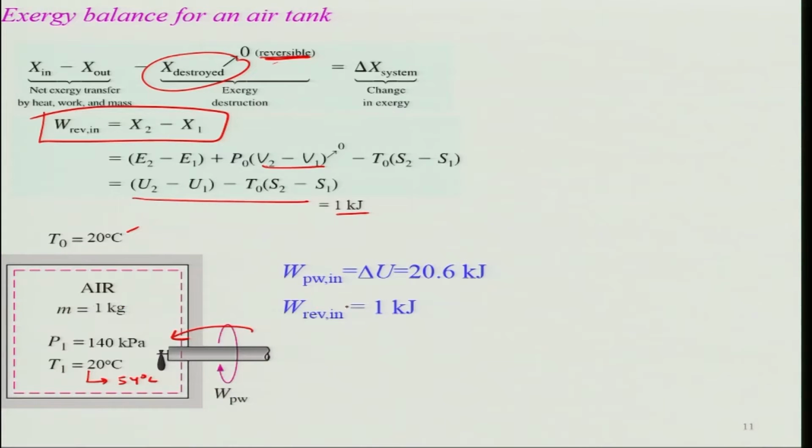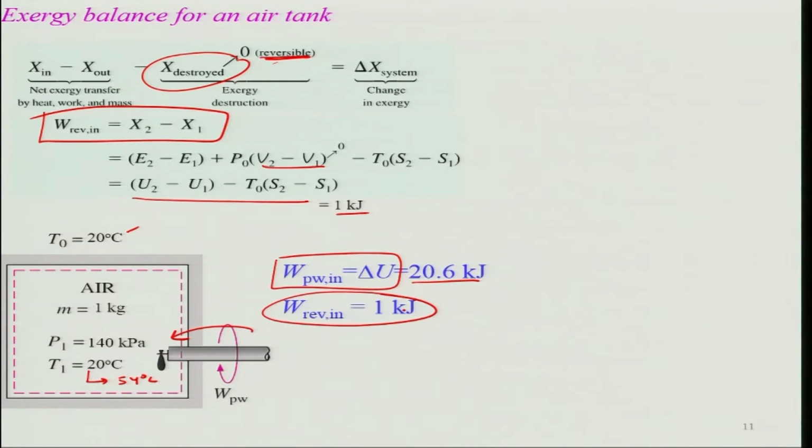Okay, so this is the reversible work which is required. But if you apply your energy balance, it would yield that the paddle wheel work is simply equal to the change in internal energy, and that is going to be 20.6 kilojoules. So the reversible work is coming out to be 1 kilojoule.